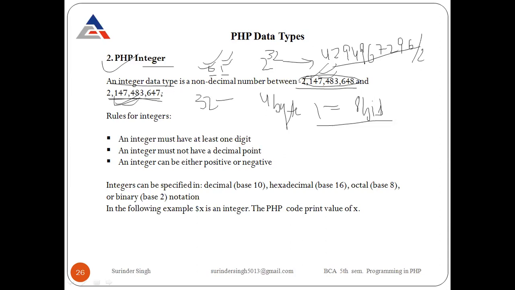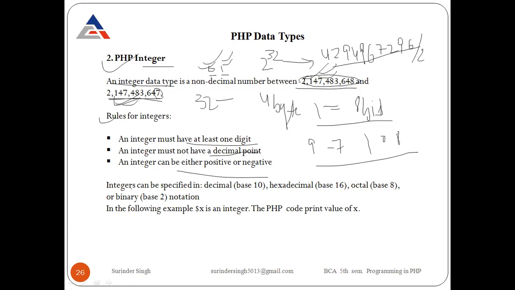And here the last digit is 1 less, because we also count the 0 in the positive range. There are some rules for integers: there must be at least 1 digit, no decimal point, and it can be either positive or negative, like 9, -7, 108. These are examples of integer values.